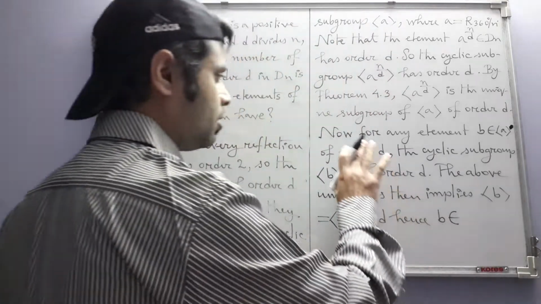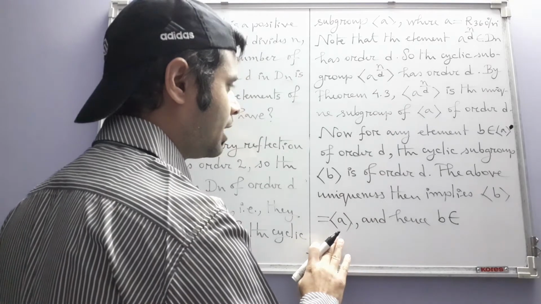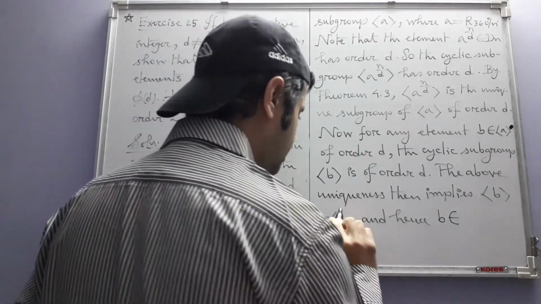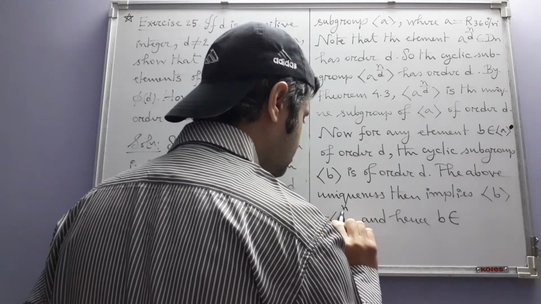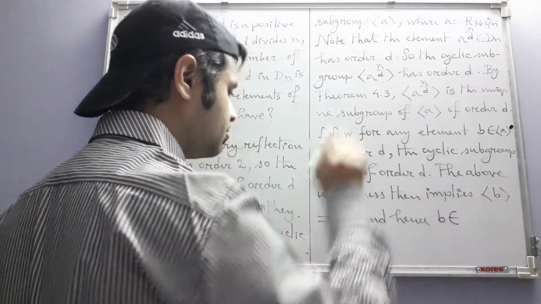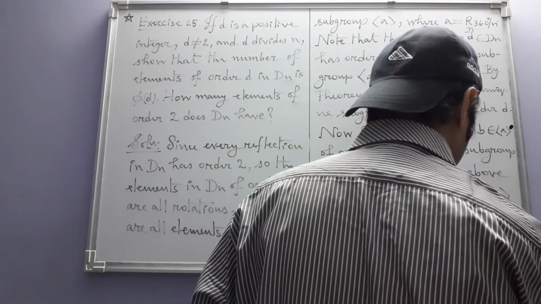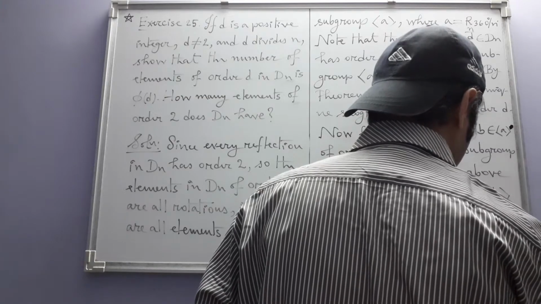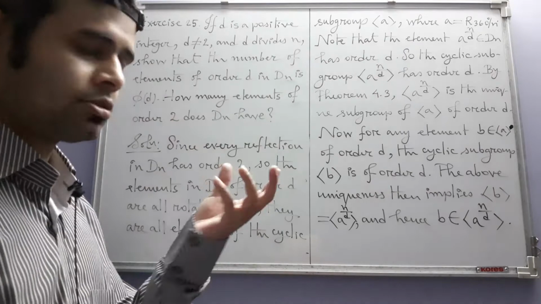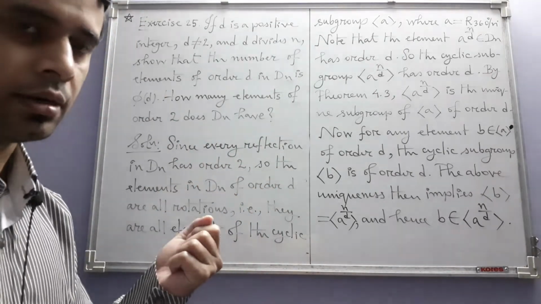Oh no, wait, this is not what I wanted to write. The uniqueness does not imply this, the uniqueness implies this. Yes, because this is the unique subgroup, and hence B belongs to this.